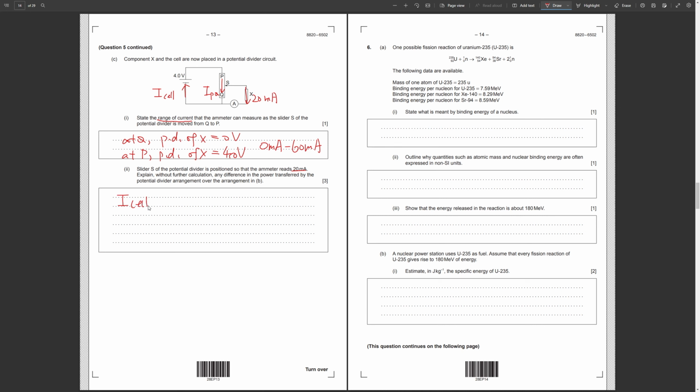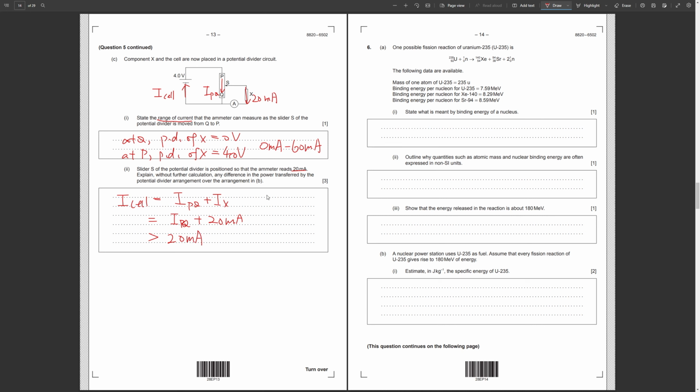I of the cell is equal to the I of PQ plus the I of X, which is a certain value PQ plus 20 milliamps. The current running through the cell is greater than 20 milliamps.